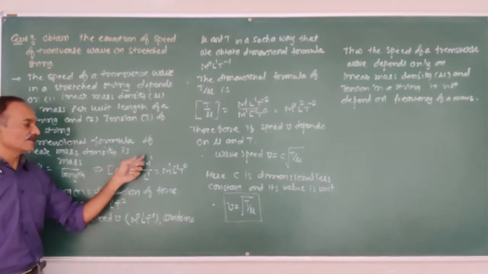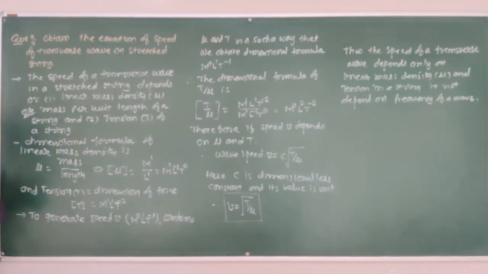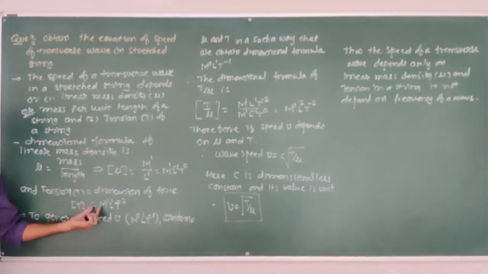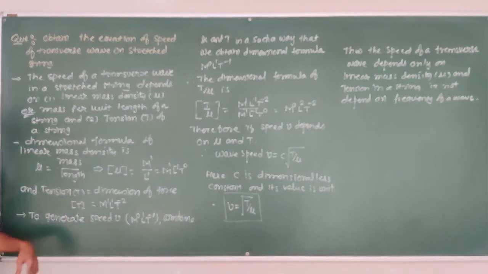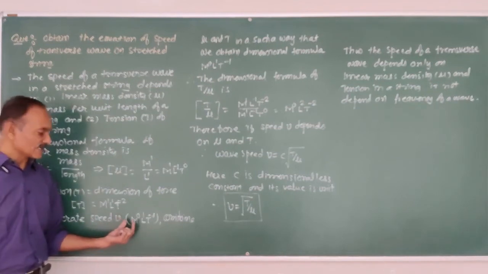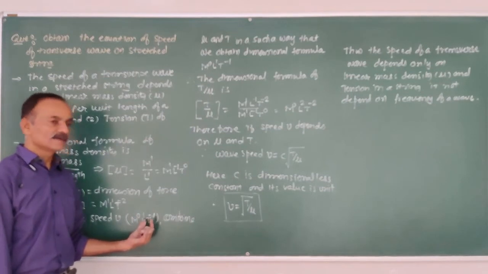Therefore, mu is equal to M^1 upon L^1, so M^1 L^-1. Time is not present, therefore T^0. And the tension T has the same dimension as force. Force has the dimensional formula M^1 L^1 T^-2.